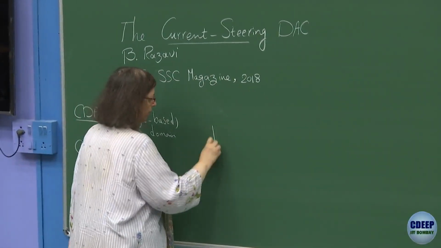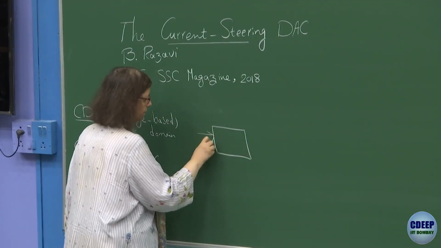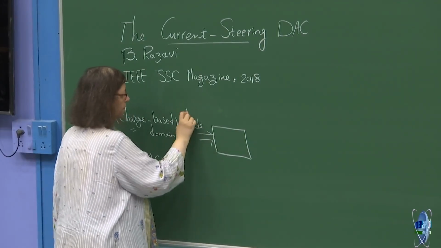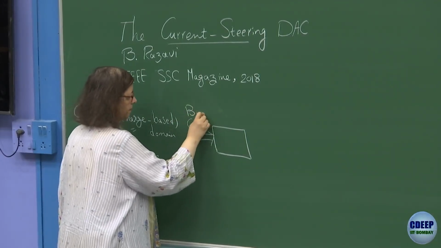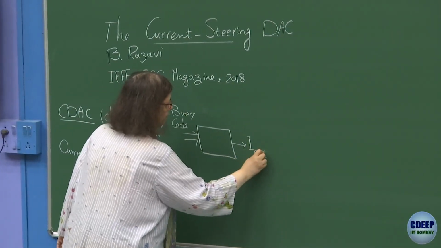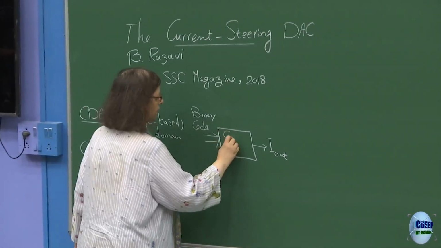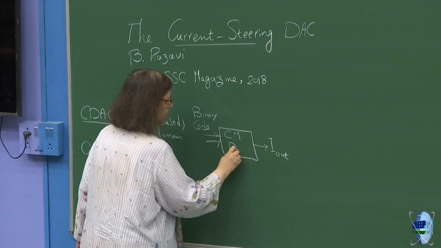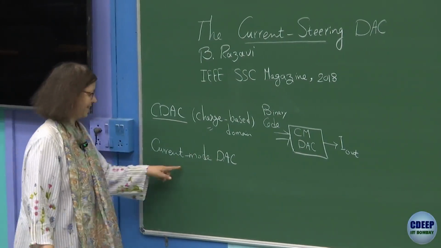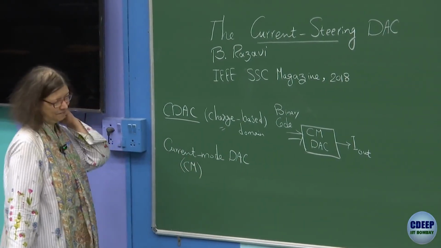So the input is a code, binary codes, for example, and the output is a current. First of all, let's talk about current mode DAC. This is not common mode DAC, this is current mode DAC. We are not talking about common mode, this is current mode.